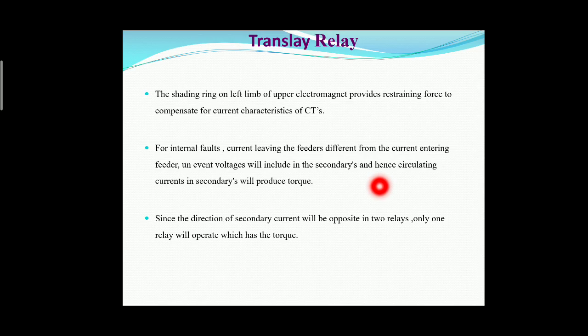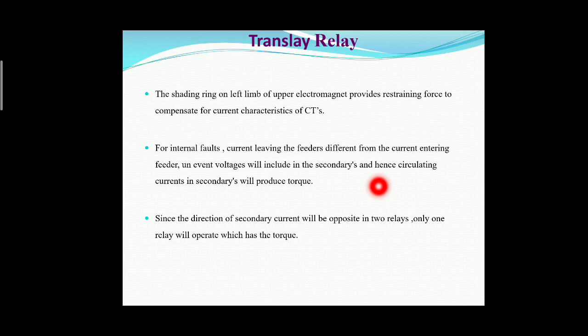In an internal fault condition, the circulating currents will flow in the coil. That means the algebraic sum of the currents is not equal to 0, so the net current is not equal to 0.